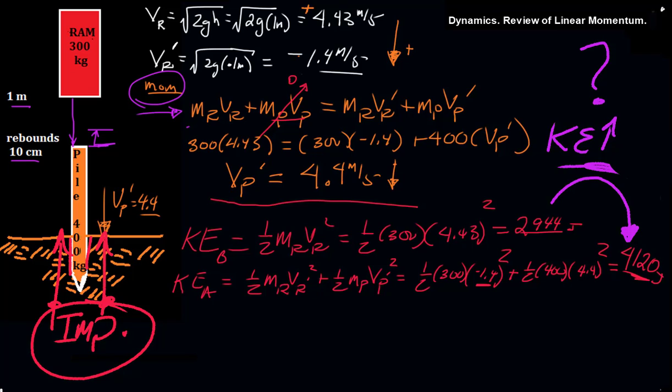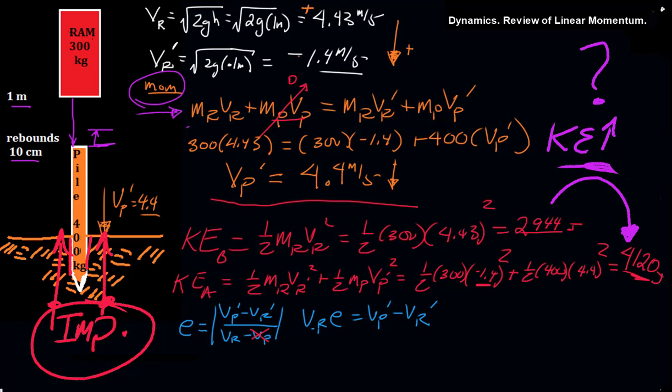Where we know that e is the absolute value of v_pile prime minus v_ram prime over v_ram minus v_pile, and these are always reversed. Whatever we have here is on the opposite side. The pile was initially not moving, so we end up with v_ram times e is v_pile prime minus v_ram prime.